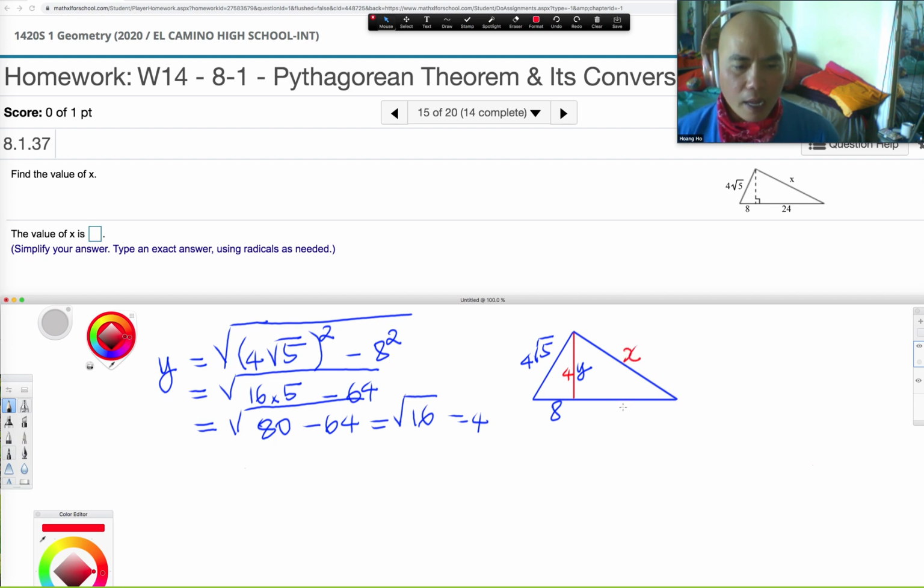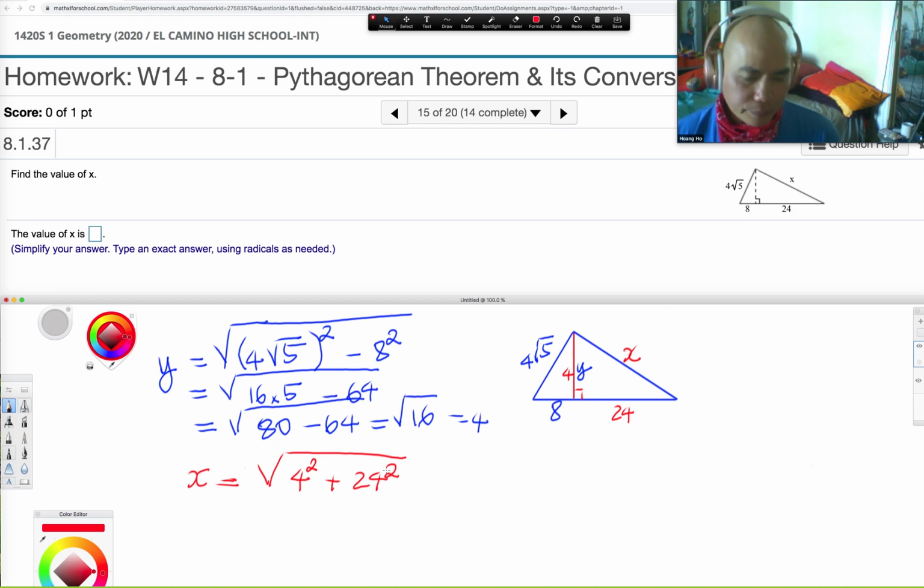So now I'm looking for x, and on the right triangle on the right side, x happens to be the hypotenuse. So to look for x, it should equal the two legs squared and added together, all under the square root. So I have 4, because y equals 4, squared, added with 24 squared. Okay. All right.